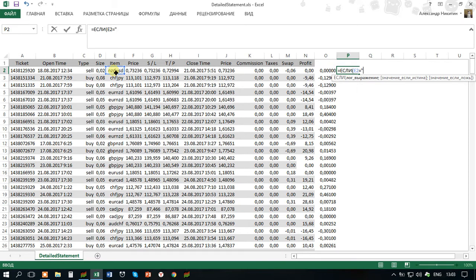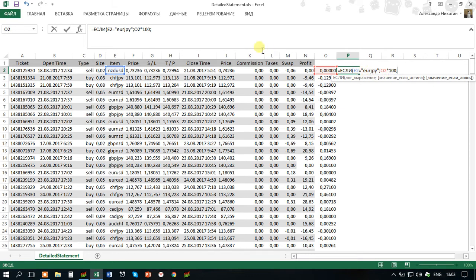String means some word. Let's say Euro JPY. If this equals Euro JPY, then you should multiply my result by 100. True, yes. Instead of 5 digits, I want 3 digits. Yes, you should multiply by 100. And that will be nice.